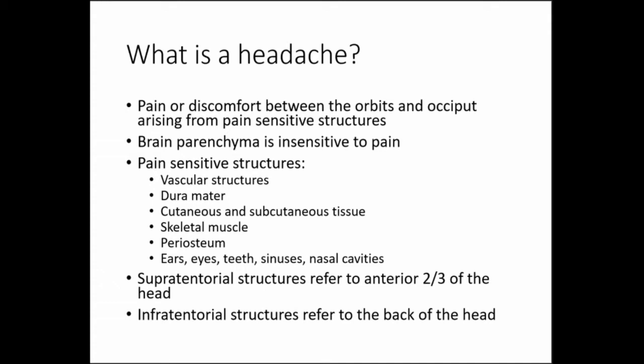So, for example, a person with otitis media, or acute angle closure glaucoma, or a toothache, or say a dental abscess or a sinus infection, may present with headaches which may be referred to other parts of the head. And usually supratentorial structures are referred to the anterior 2/3 of the head, whereas infratentorial structures refer to the back.